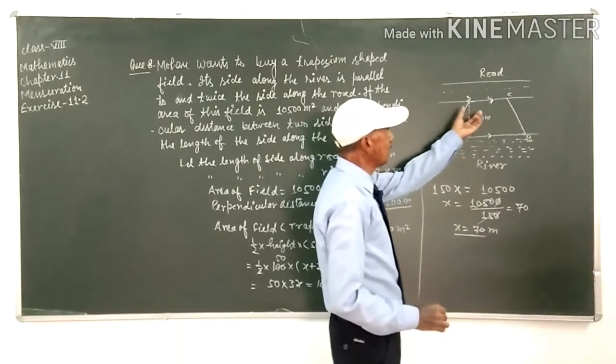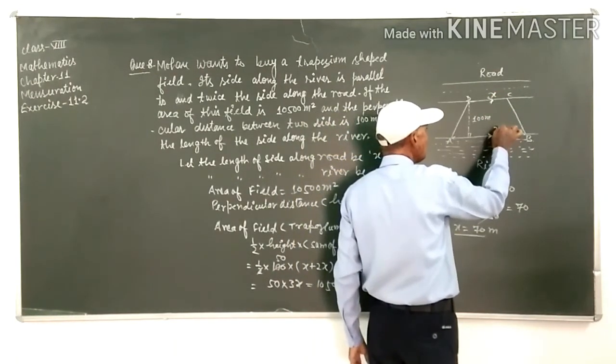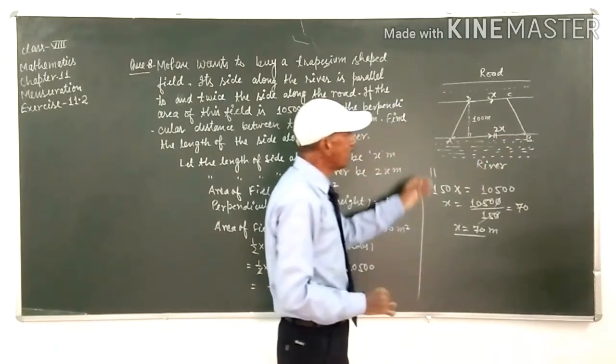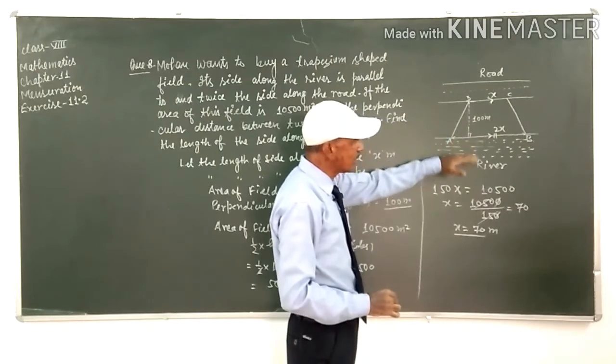Student, this is the value of x, x means this one x and this one 2x. We have to find out the length of this side along with the river.